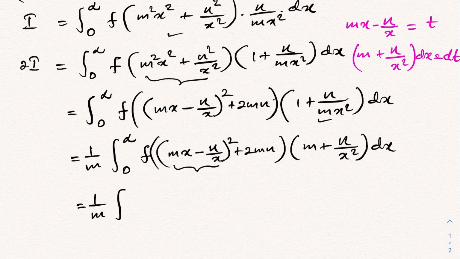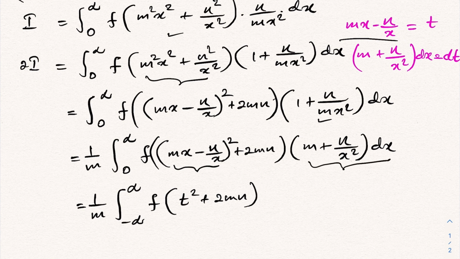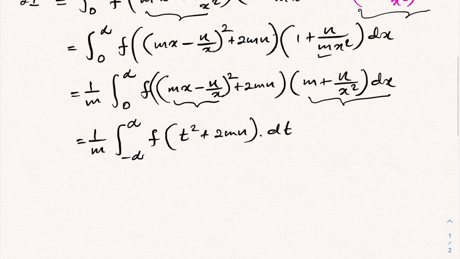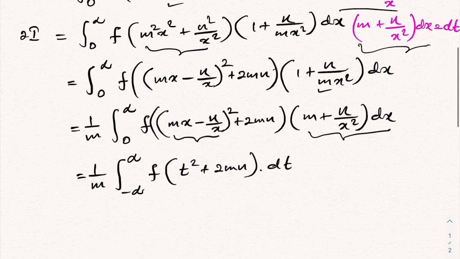Now when x approaches 0, t approaches minus infinity, and when x approaches infinity, t approaches infinity. Then f of t square plus 2mn, times dt. Then we know this is equal to 2 times I.